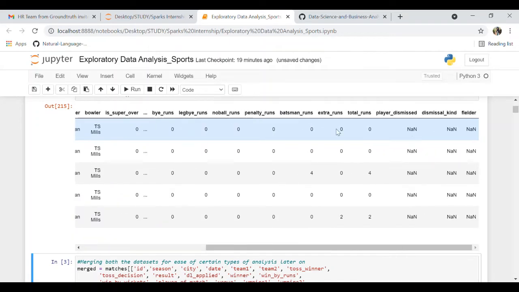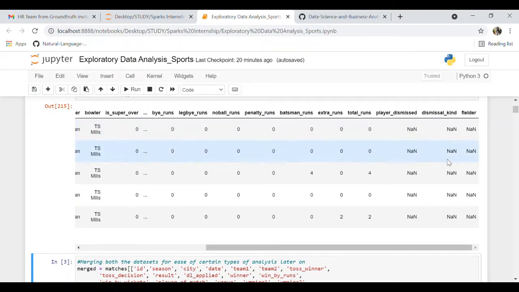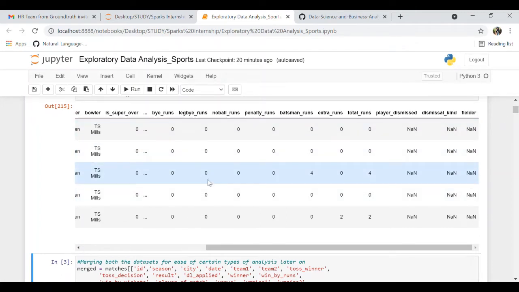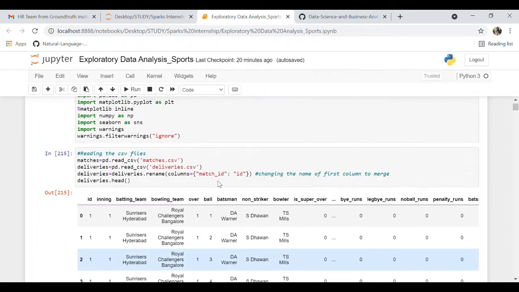That will give you the batsman runs, extra runs if any, like by wide or by runs, etc., and the total runs scored in each ball, whether the player got dismissed or not, the dismissal kind, whether it was caught, bowled, run out, etc. We'll see the different kinds of dismissals later on, and the fielder responsible for the dismissal, either the fielder or the bowler.